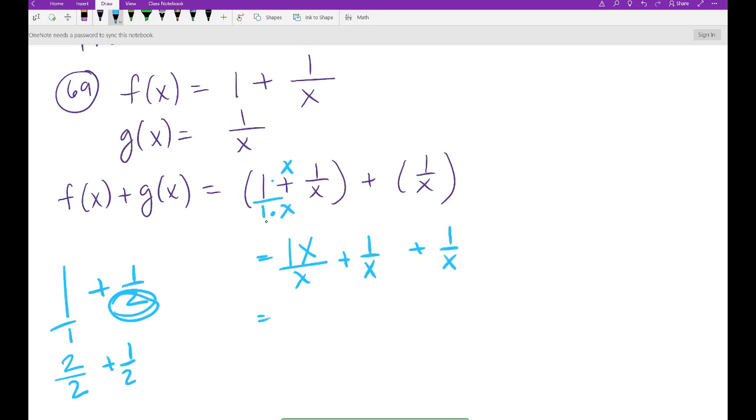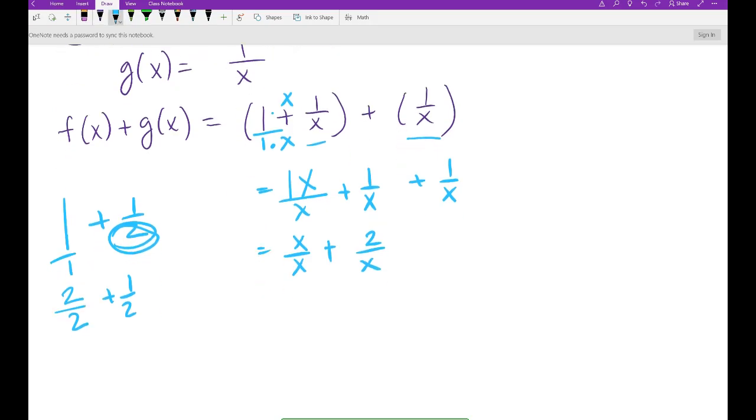So now, would you agree that I can actually just add these two first, right? Is that okay? So this is really x over x. Is that 2 over x right there? Because they all have the same denominator, could I put the numerator together like that? Okay, so that's what they did. We just found common denominator. Is that the answer in the book?